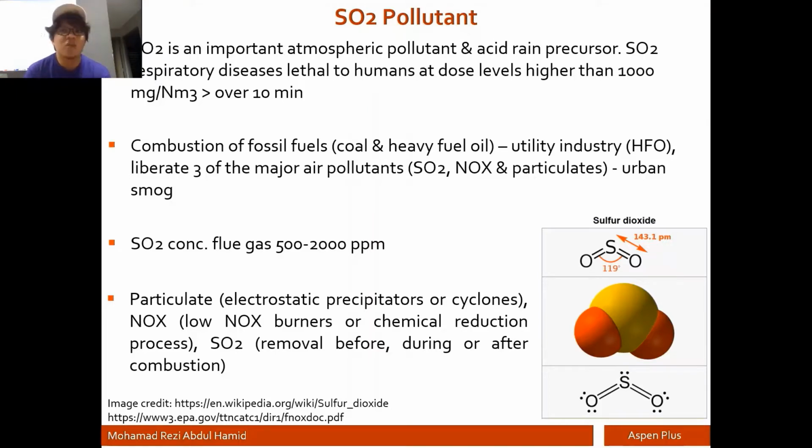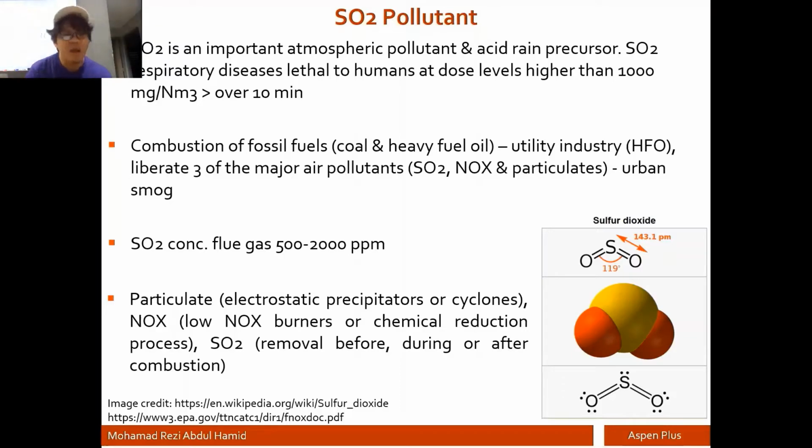For example, you can add ammonia, in the presence of a catalyst, where the NOx is reduced to form nitrogen and water. And finally, sulfur dioxide can be removed before, during, or even after the combustion process.